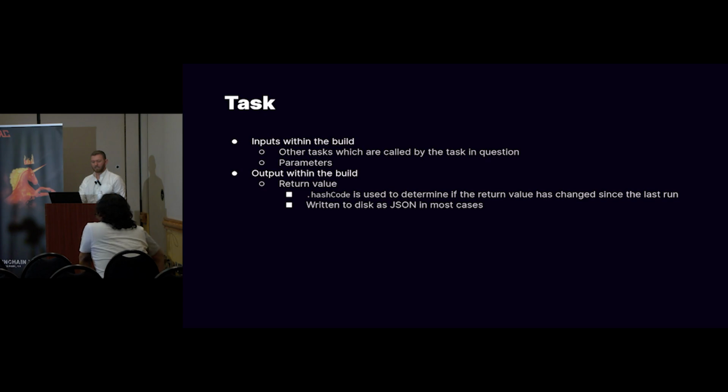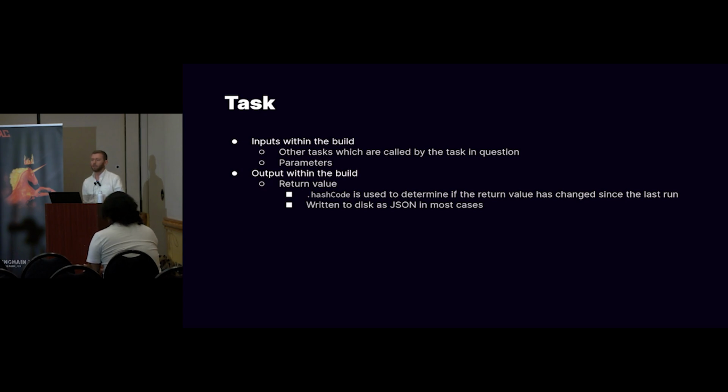So what is a task? It basically has inputs within the build. Inputs are other tasks that get called and can be cached, and it can have parameters to the method that makes up the task. It can also have outputs within the build, so it can have a return value in straight Scala. The hash code of that return value is used for caching to determine if the task has changed.